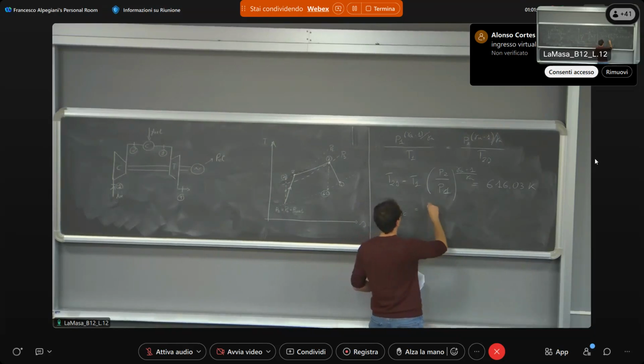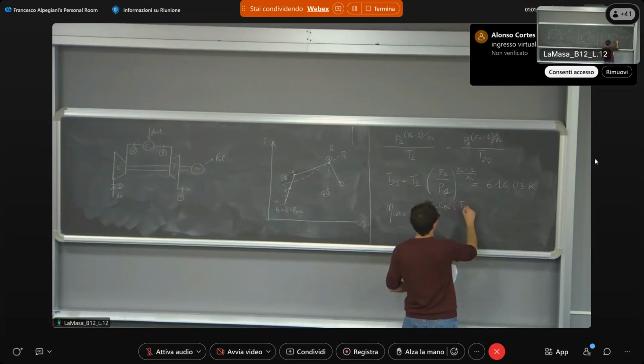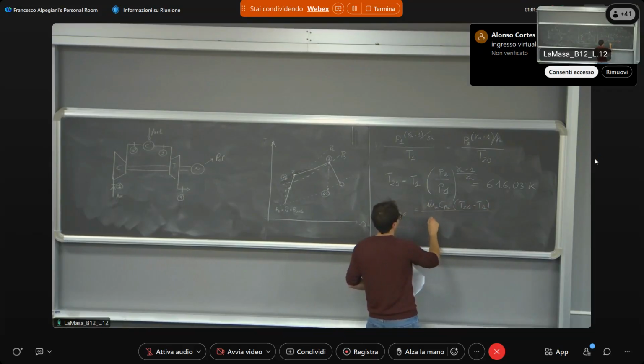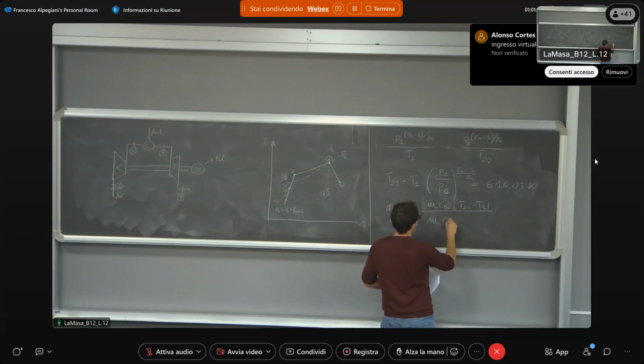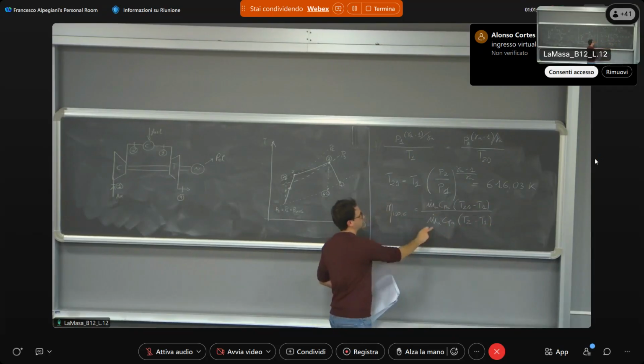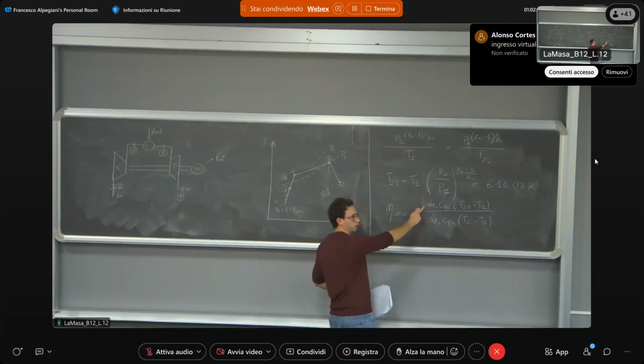So it will be mass flow rate of the air times Cp of the air times T2s minus T1, divided by the mass flow rate of the air times Cp of the air times T2 minus T1. So this is the real work, which is higher with respect to the ideal one.